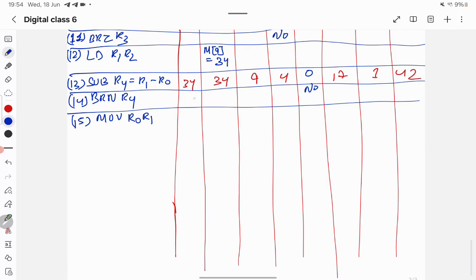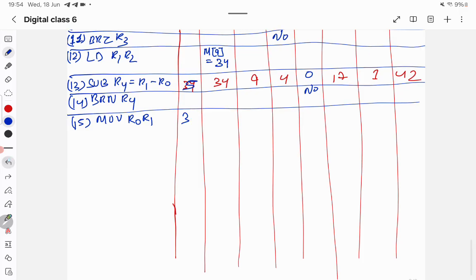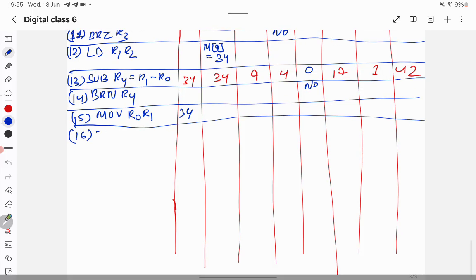If R0 would have been 5, let's say, we will copy down the value of R1 here, 34. Since our R1 and R0 are the same values, nothing changes. You will just copy down the value of R1 in R0.